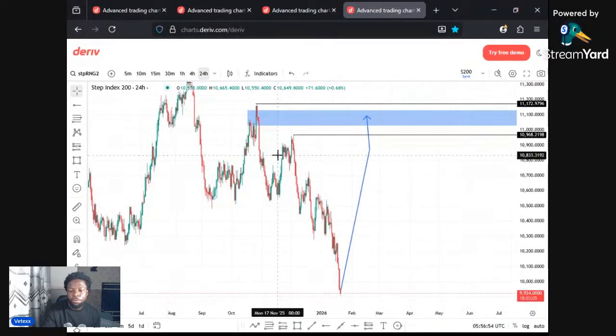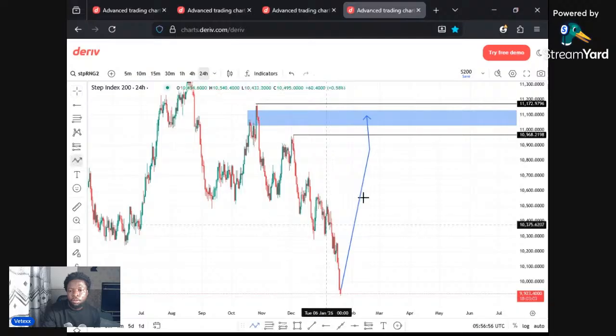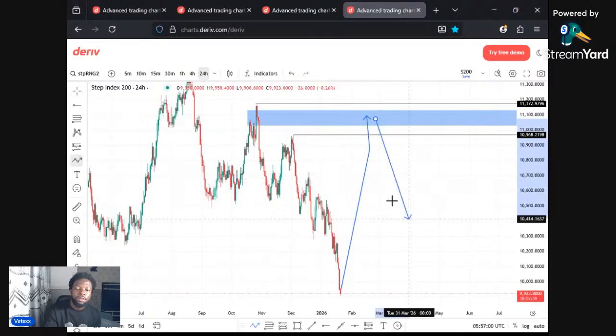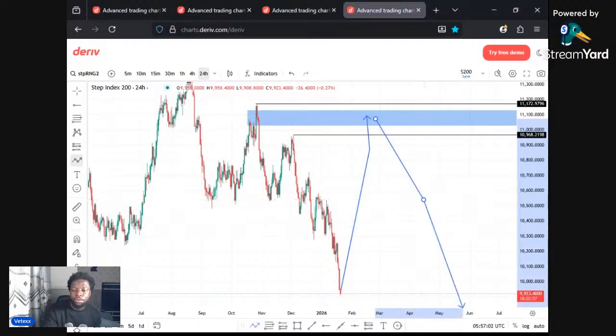So anticipate the move from this zone. Once price comes to this zone, it gives us a 4 hour continuation, a structure, and then we'll start taking our continuation on the 15 minutes.